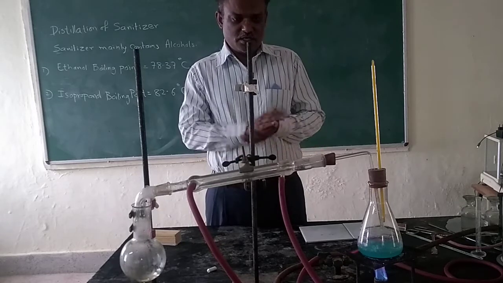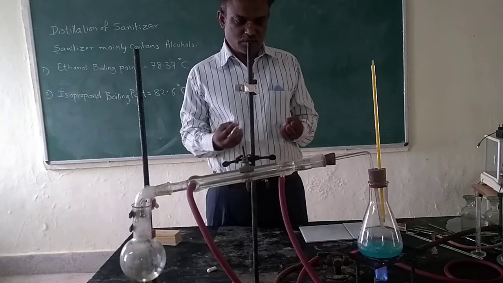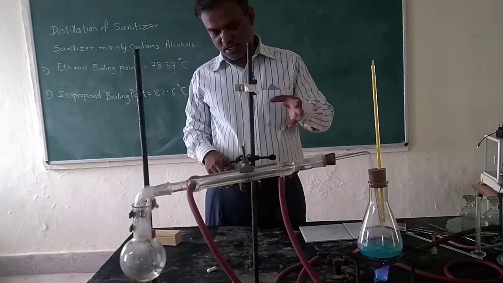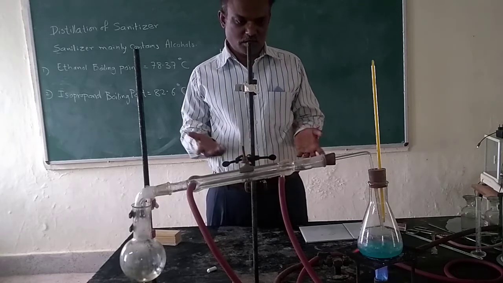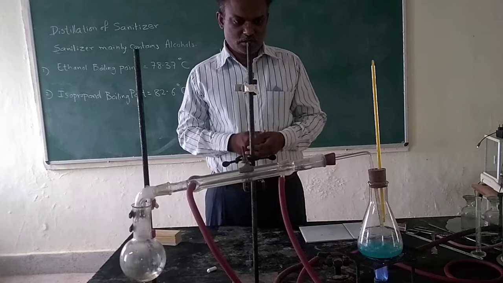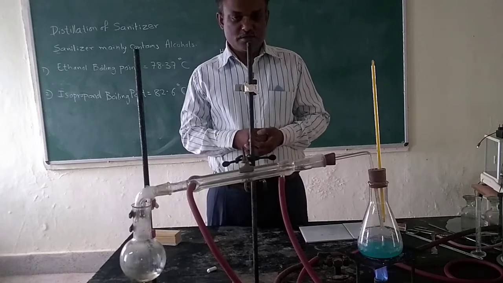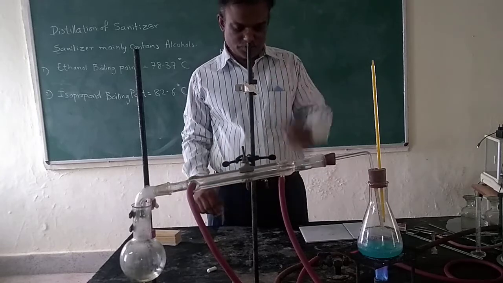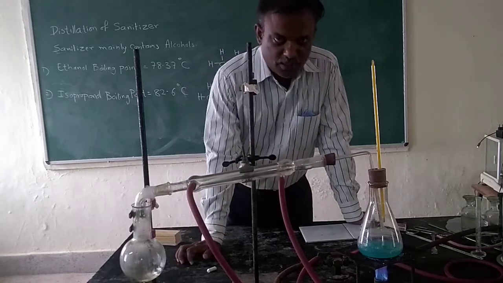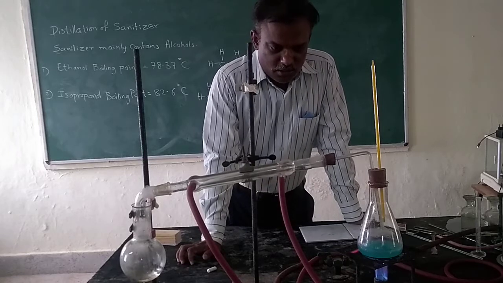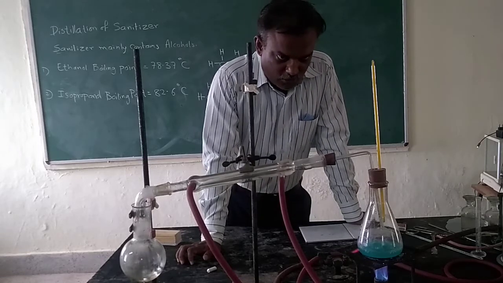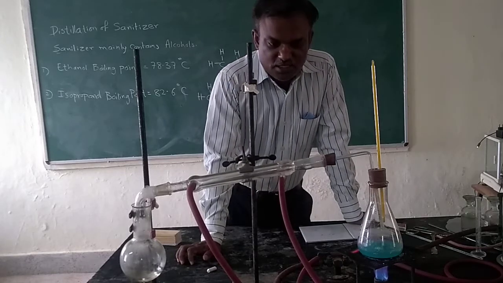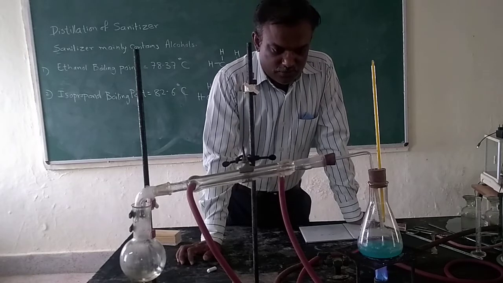It may also contain some added flavors, or some kind of added colors. So with the help of the boiling point we will know whether this sanitizer contains other substances also.